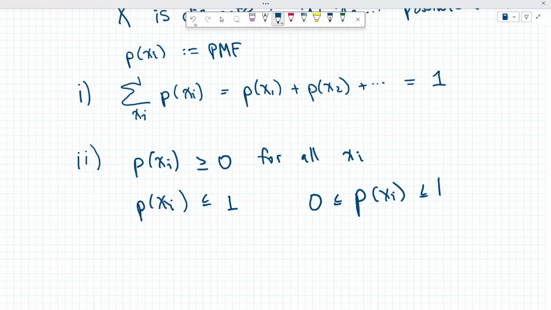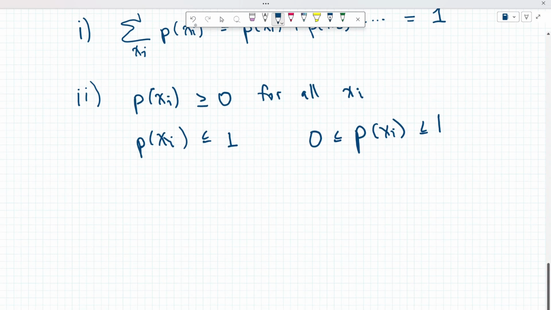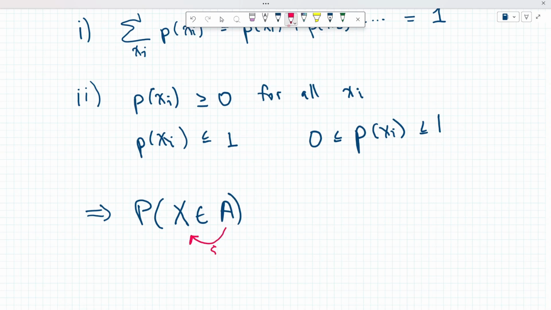And furthermore, if we have a subset of all the possible values of x, then the probability that x takes any of these values is given by the following. So we'll write that out. Say, for example, we have that x, a random variable, has a subset. So A is a subset of x.